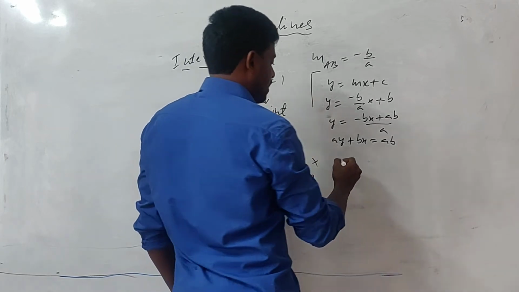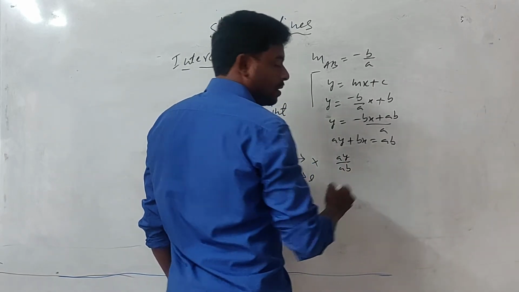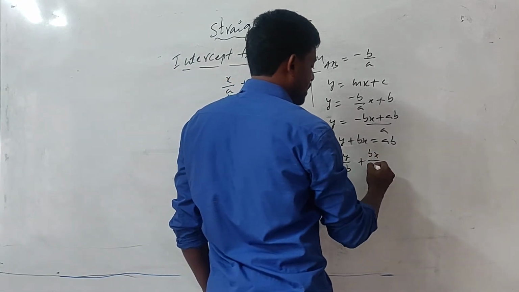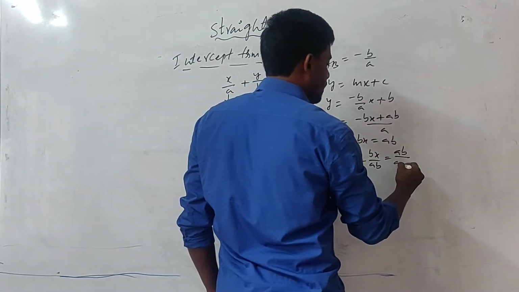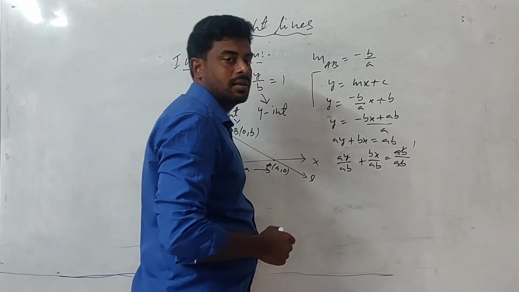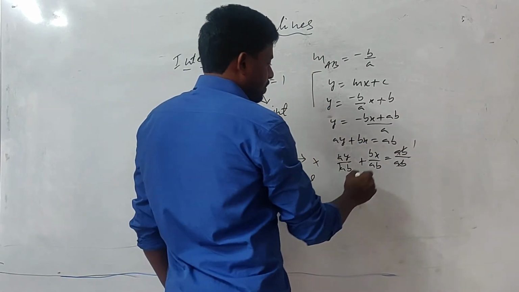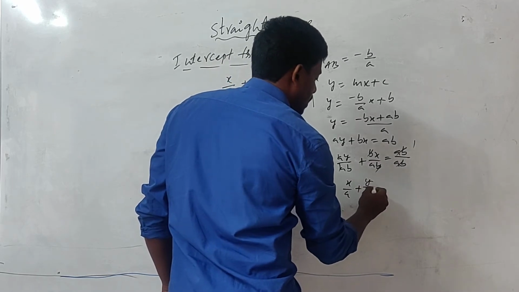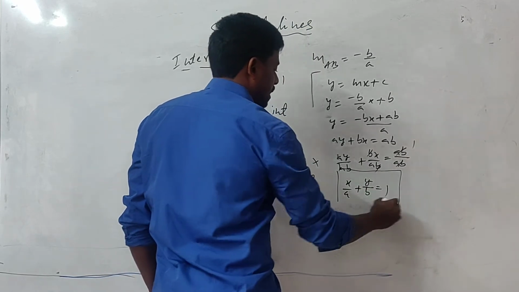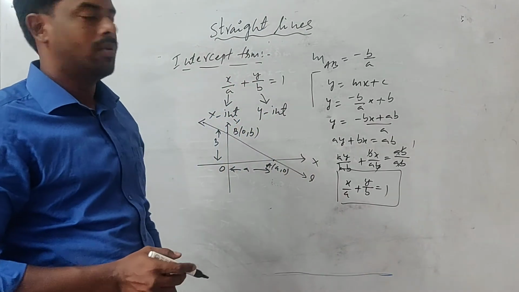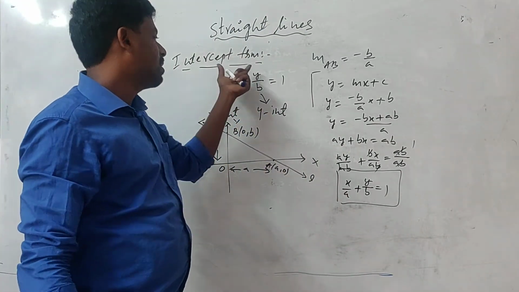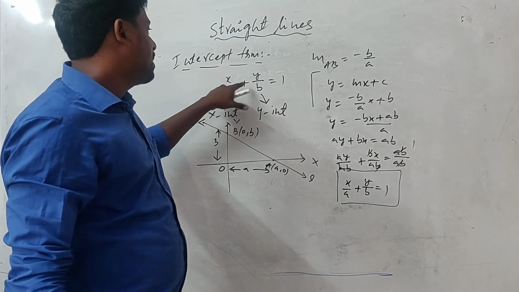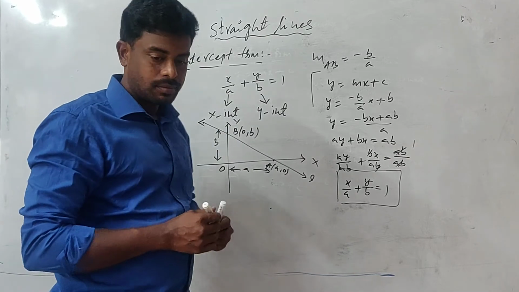Dividing all terms by ab on both sides, bx by ab and ay by ab, the a will cancel and the b will cancel. Finally x by a plus y by b equal to 1 is left. That is nothing but the intercept form, x by a plus y by b equal to 1.